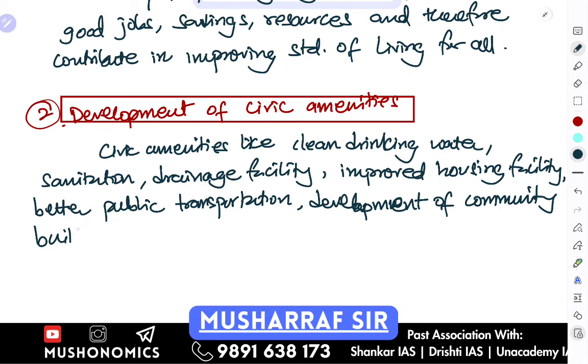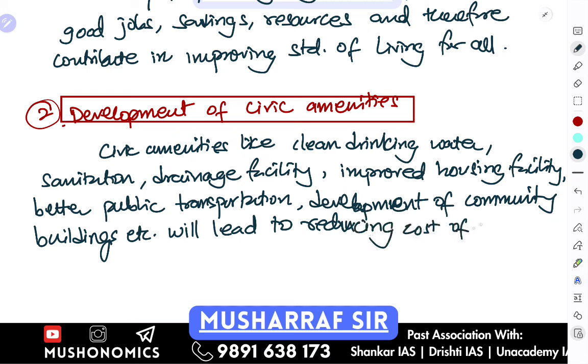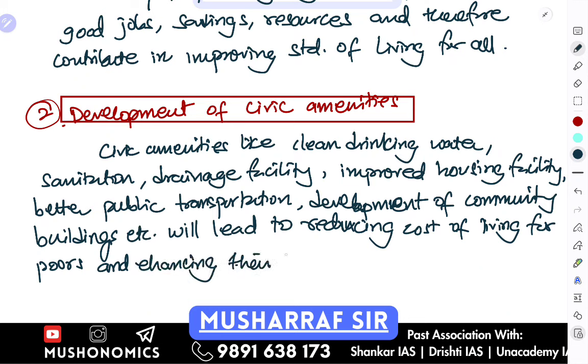So in Delhi you may see in some areas there is a community hall, right? Community buildings, etc. This will lead to reducing the cost of living for the poor, and enhancing their standard of living, through public provision of these facilities.